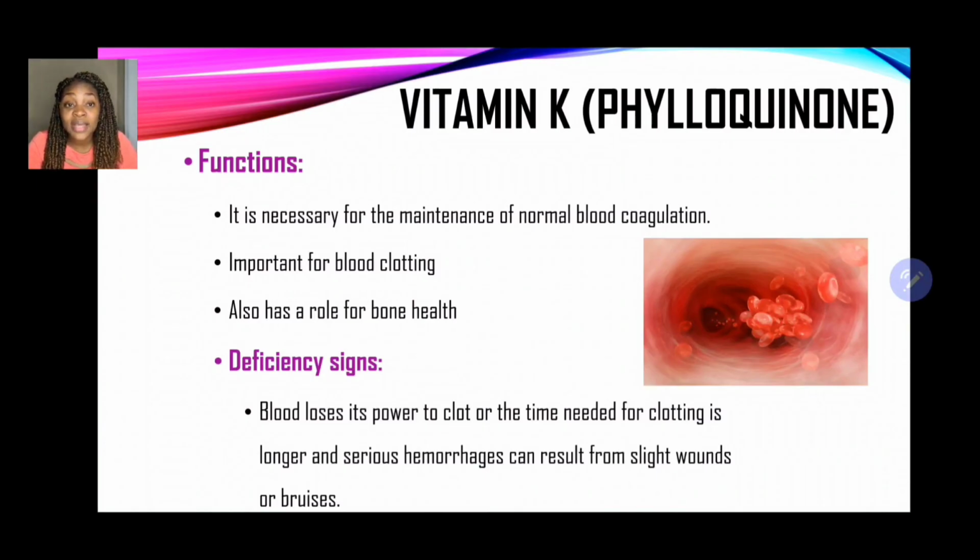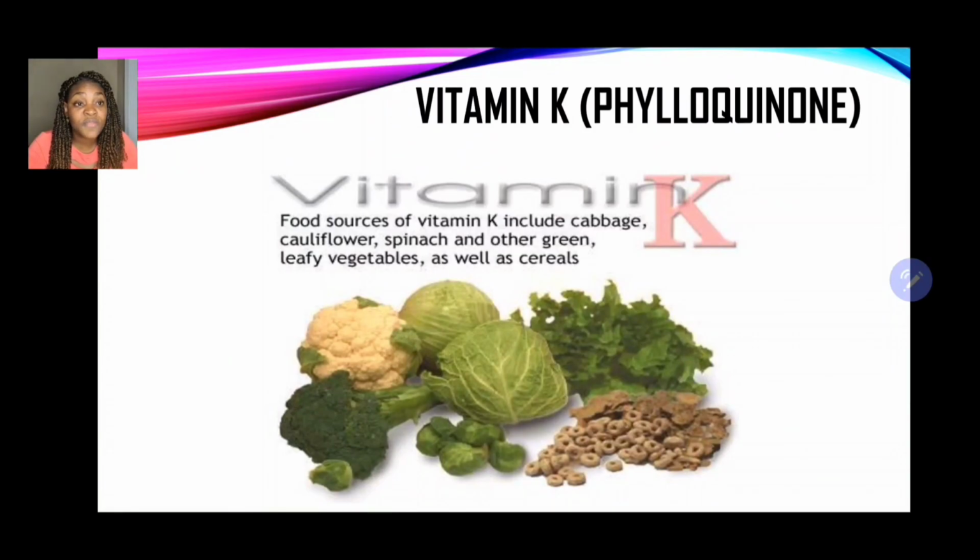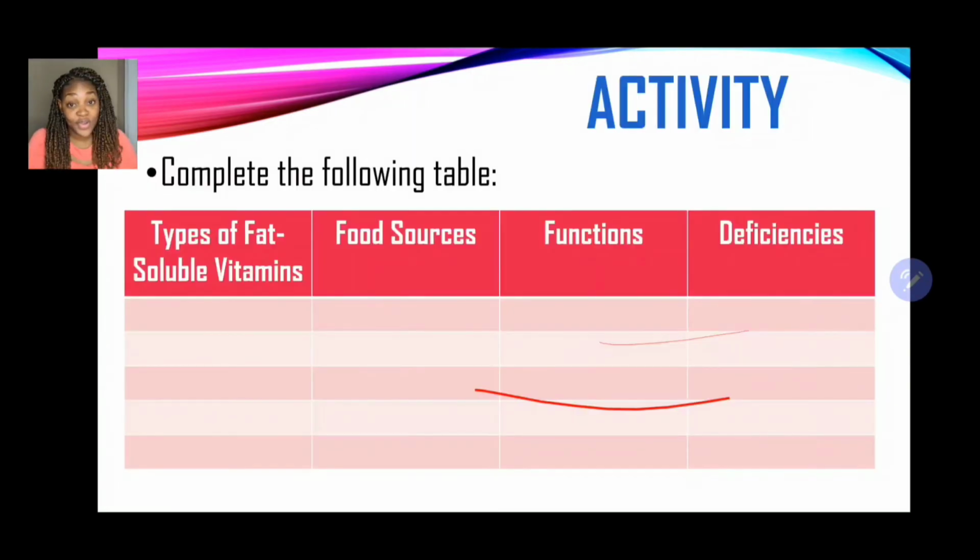The body is lacking in vitamin K, which helps the blood to clot, right? All right, now let us look at some of the sources of phylloquinone. So food sources of vitamin K or phylloquinone include cabbage, cauliflower, spinach, other green leafy vegetables, as well as cereals, and also ripe bananas.